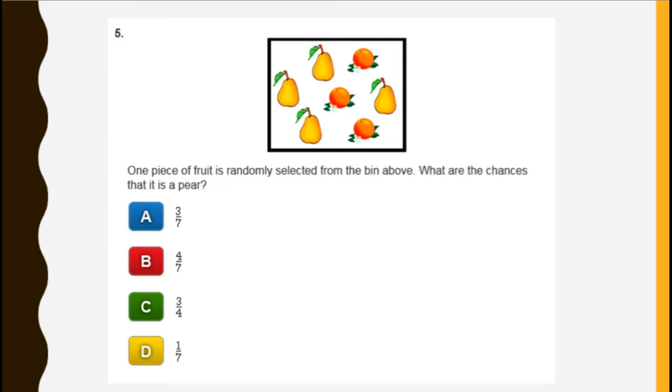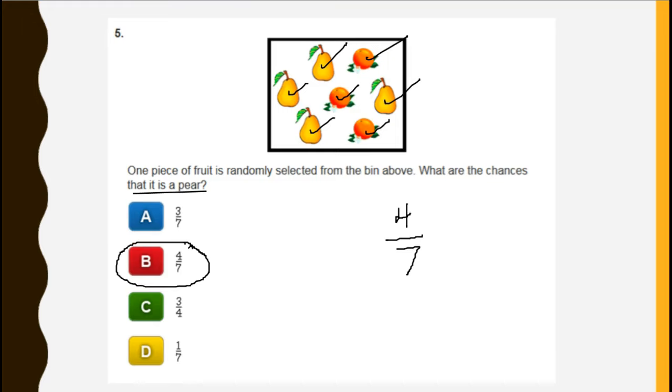Okay, so that's the favorable outcome. So let's see how many pears there are. We have 1, 2, 3, 4. 4 favorable outcomes. And then how many altogether? 4, 5, 6, 7. 7. So I could find that over here and I would be able to choose B.